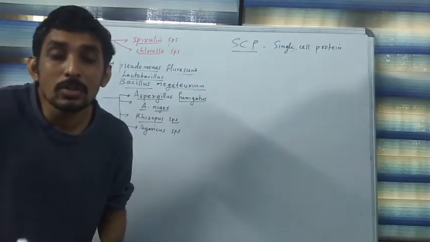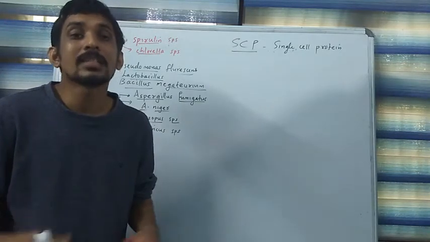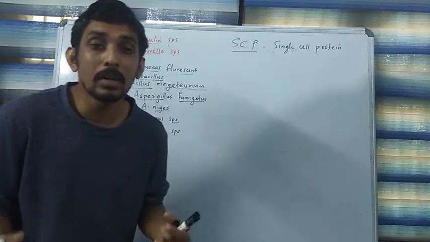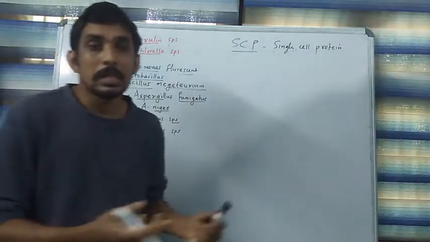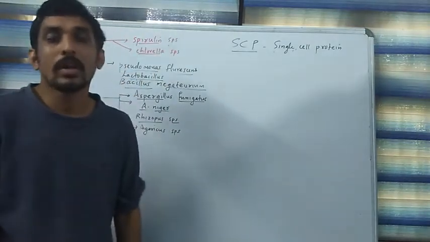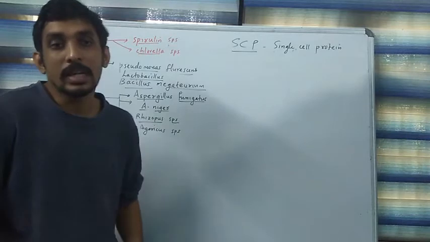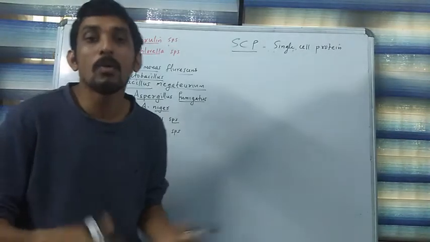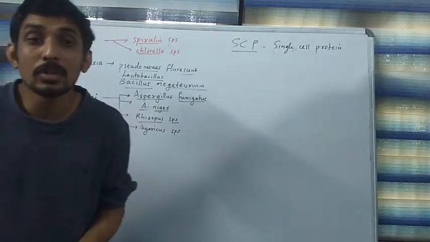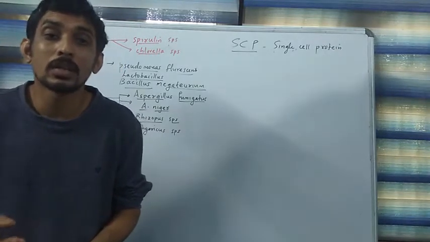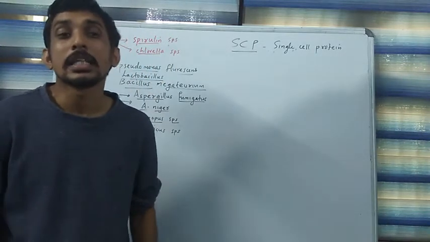And this protein is not only an energy source for humans, but we can also give it to animals. For example, we can get the flakes or powders of spirulina in the market.